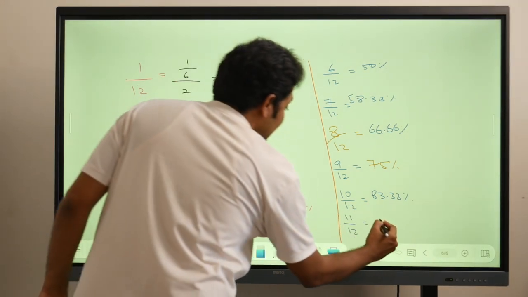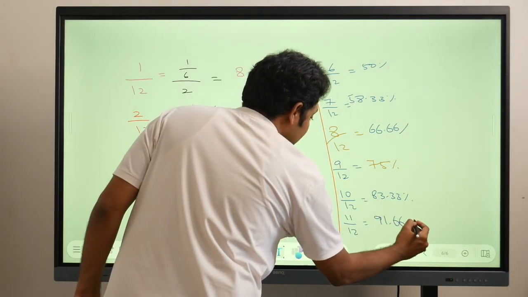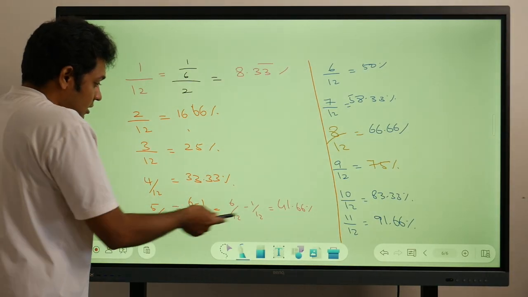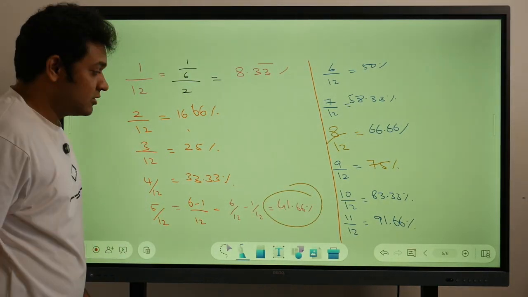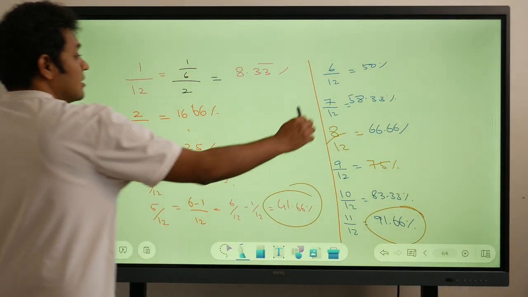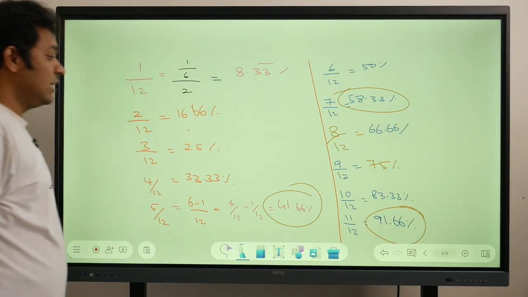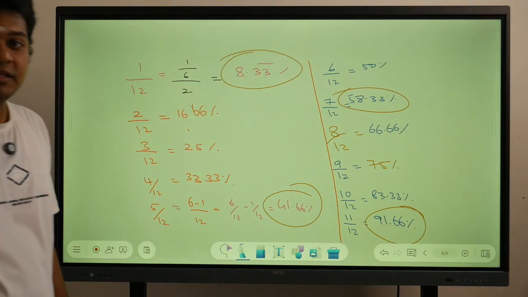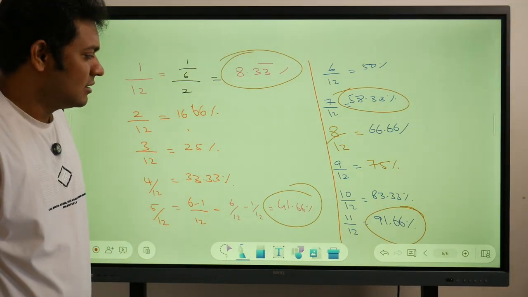I'll get 91.66%. Okay. So here you should remember this: 5 by 12 is 41.66, 11 by 12 is 91.66, 7 by 12 is 58.333, 1 by 12 is 8.33%.